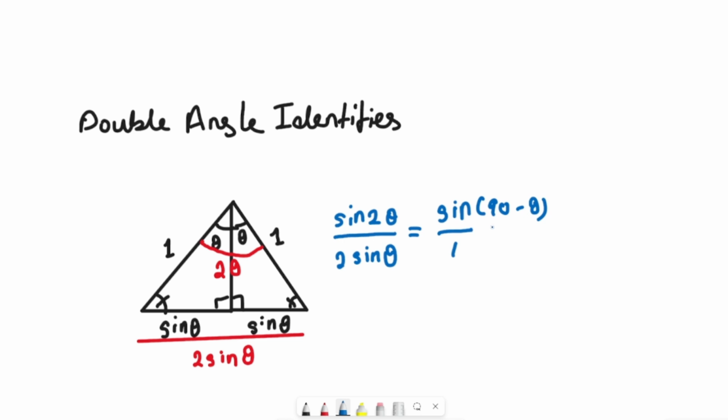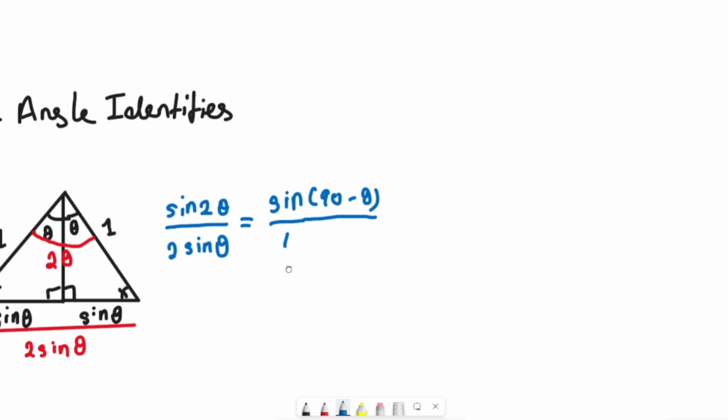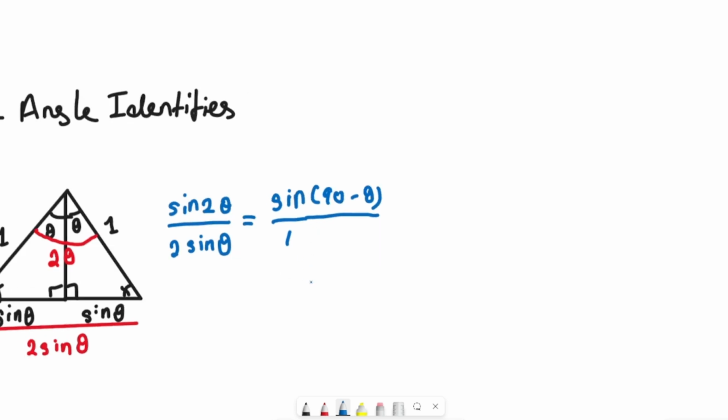Now, what we learned was that sine 90 minus theta is the same as cosine of theta. So I'm going to rewrite this as sine of 2 theta over 2 sine theta, and since this is just 1, I'm going to ignore that. This is sine 90 minus theta, so I'm going to write cosine of theta instead.